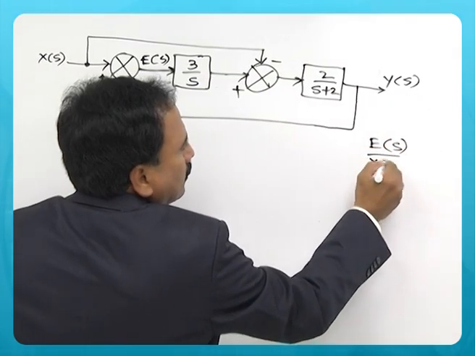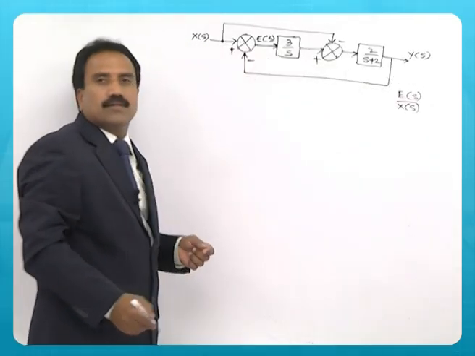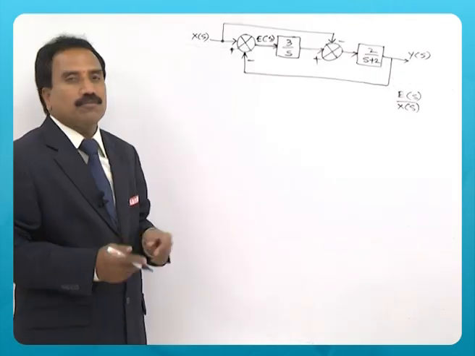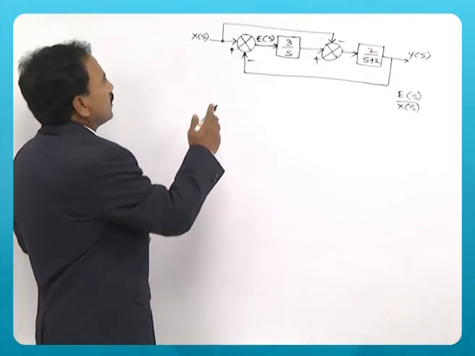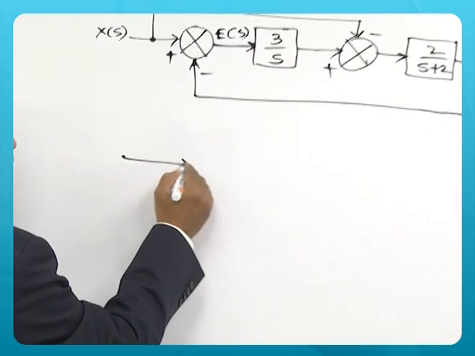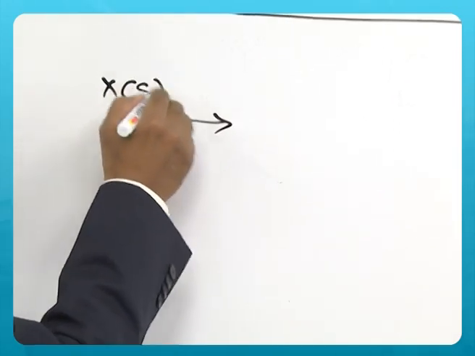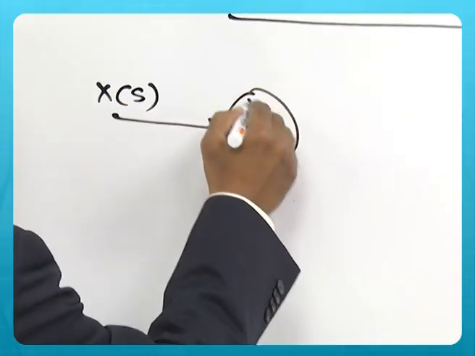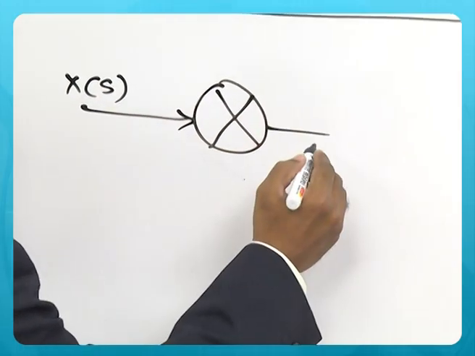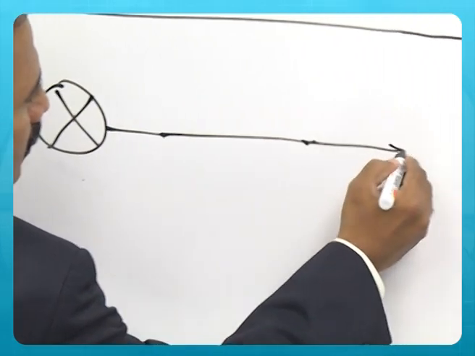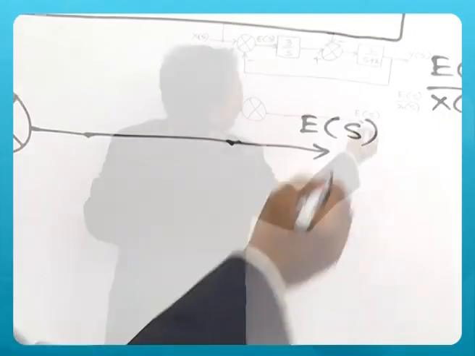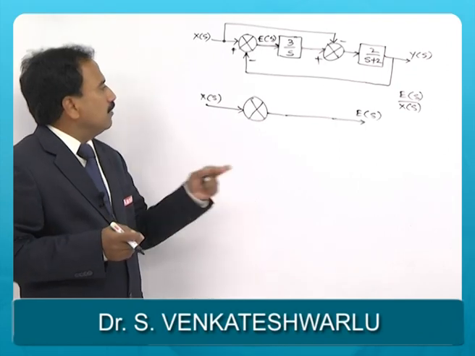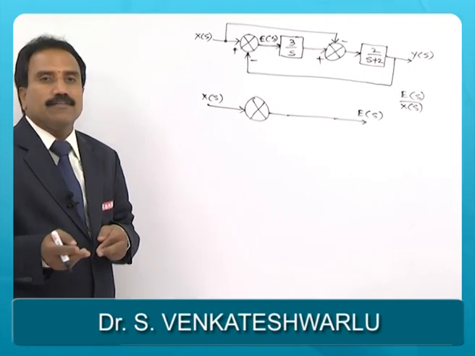So you may get a question like, find out the ratio of E of s to x of s. It means you need to consider x of s as the input and this summing point as the output, because I want to know the ratio of E of s by x of s directly.